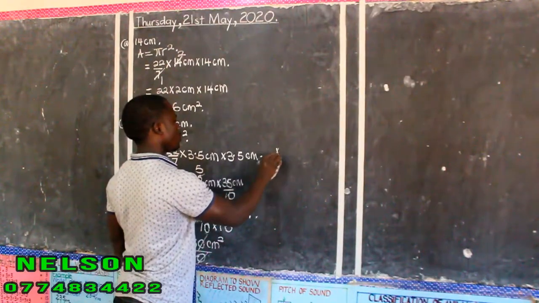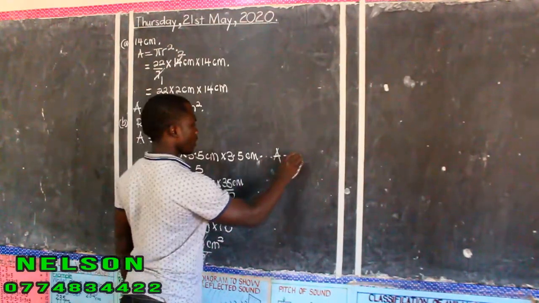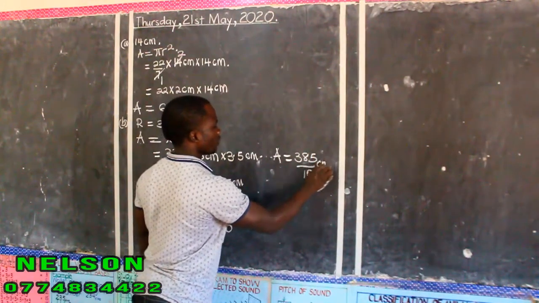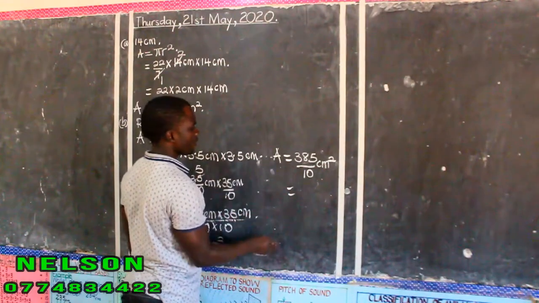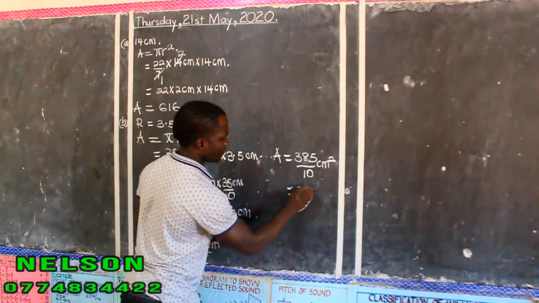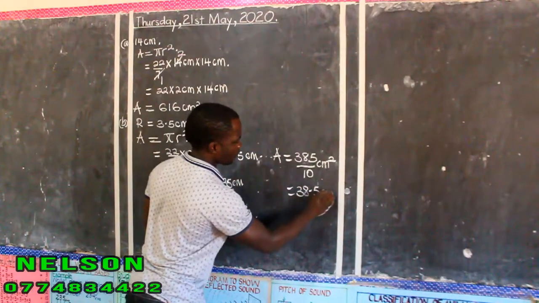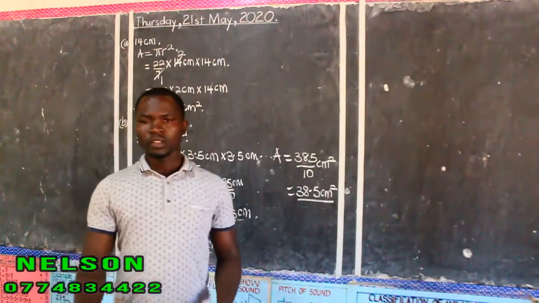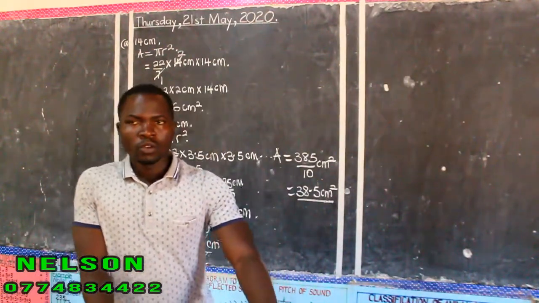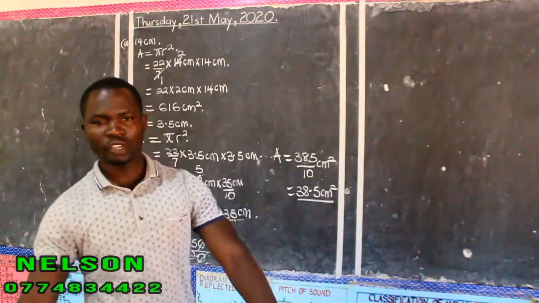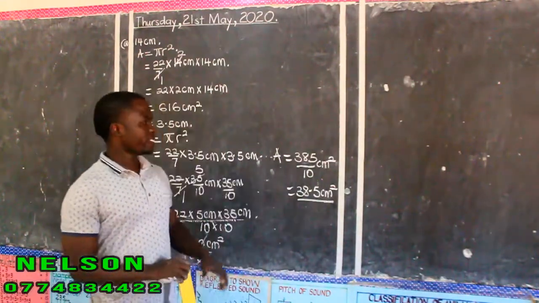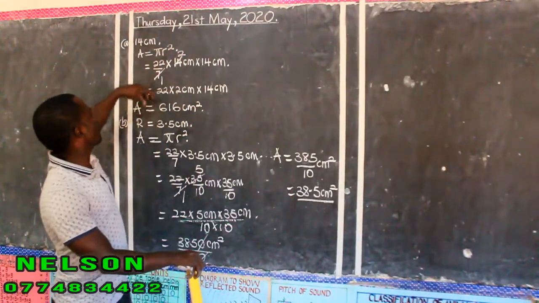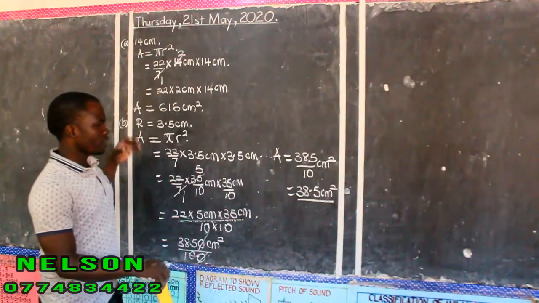We shall now remain with our area of 385 over 10 square centimeters, and our area equals 38.5 square centimeters. We had 2 questions, but each question had A, B, C. So this was question 1A, question 1B.